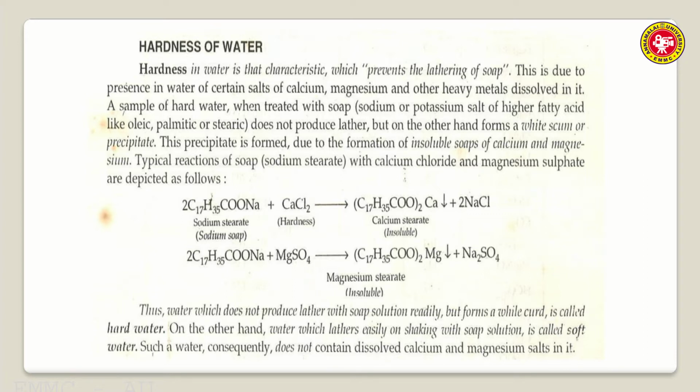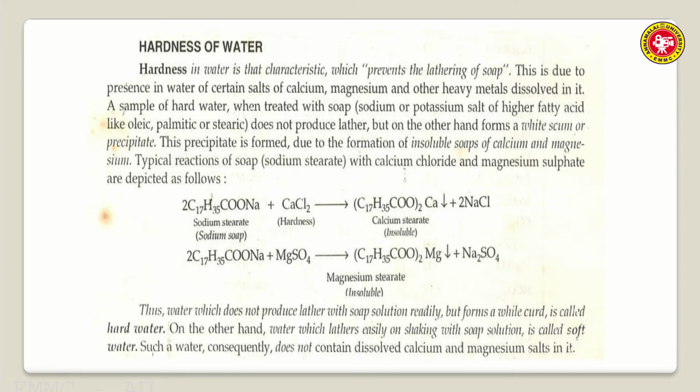So in total, 8 salts are the key responsible for the hardness of water. Again, I'll repeat: calcium sulfate, calcium chloride, magnesium sulfate, magnesium chloride, calcium carbonate, calcium bicarbonate, magnesium carbonate and magnesium bicarbonate. These 8 salts are mainly responsible for hardness of water.